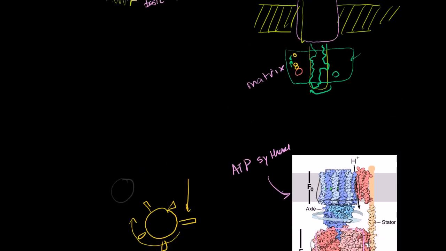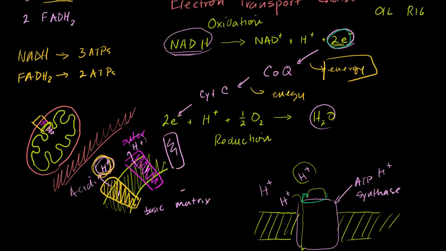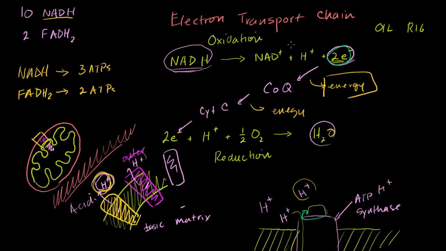But for your purposes, especially at an introductory biology level, you just have to realize that two things are happening in the electron transport chain. Electrons are moving from the NADHs and the FADH2s to eventually show up and reduce the oxygen. And as they do that, they're releasing energy as they go from one molecule to another.